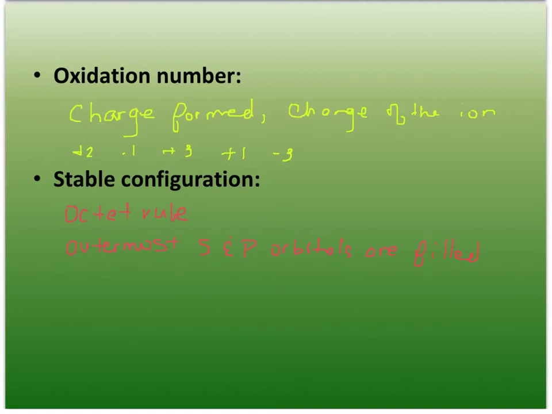So we're looking at something that would end with an s2p6 configuration. And if you remember on the periodic table, your noble gases end with the s2p6. So they have that stable configuration.